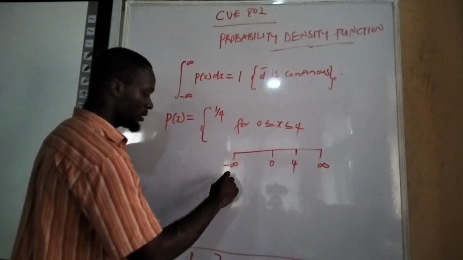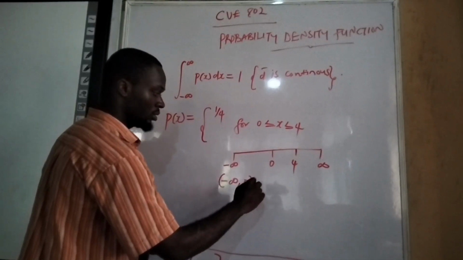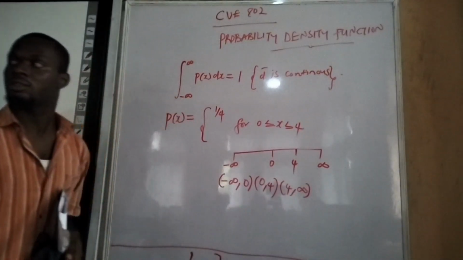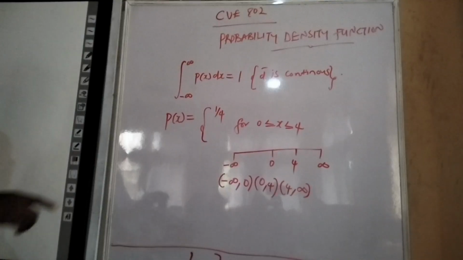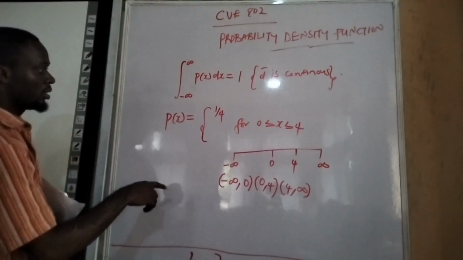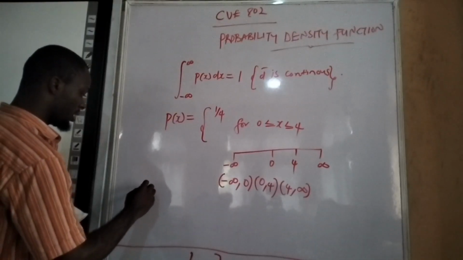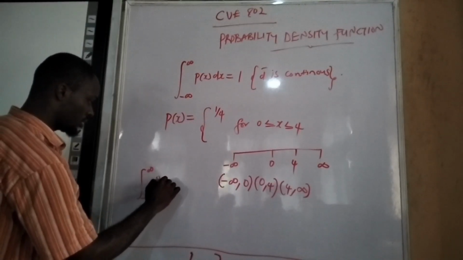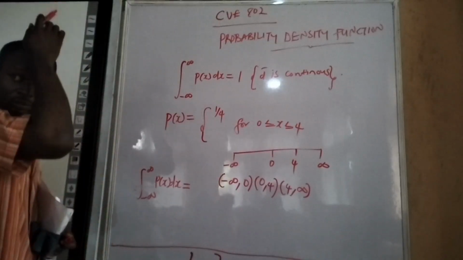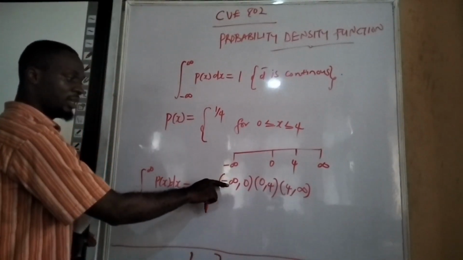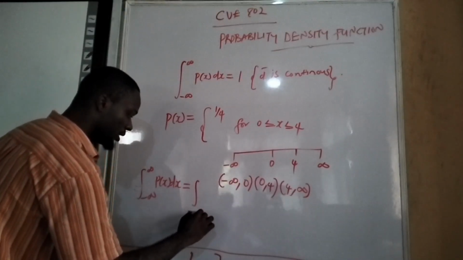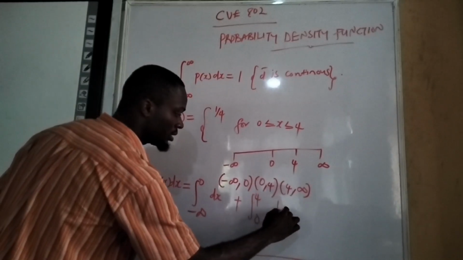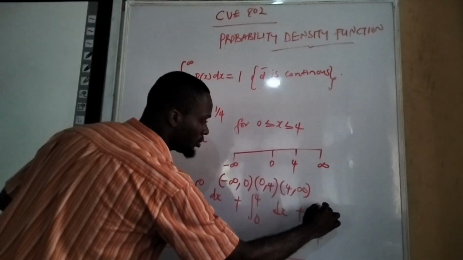It means that we integrate from negative infinity to 0, from 0 to 4, then from 4 to infinity. So we should integrate our p of x: the first one from negative infinity to 0 dx, plus from 0 to 4 dx, plus from 4 to infinity dx.